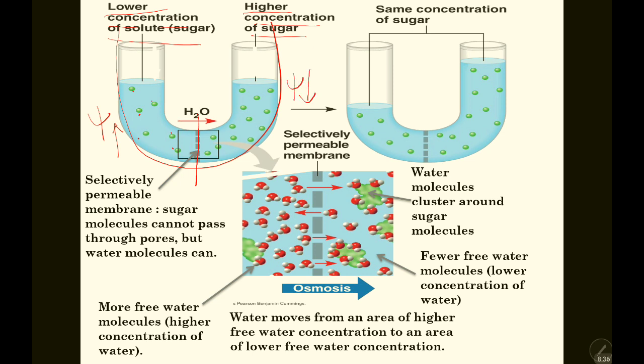So the osmosis process always occurs from high water potential to low water potential region. So the direction is left to right. At the end of the result, you will see the left side at a lower level, and the right side at a higher level. Water moves from higher free water concentration to lower free water concentration region.